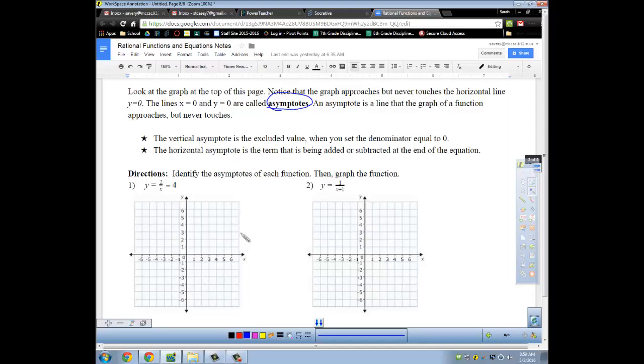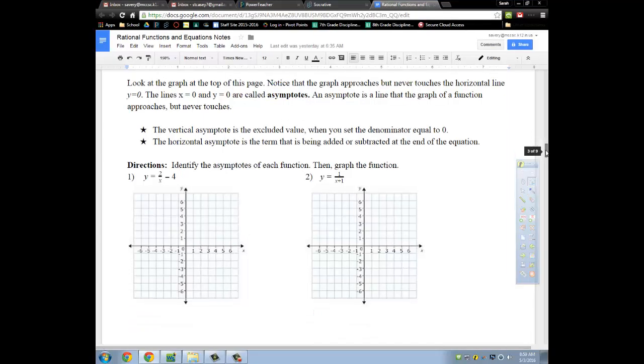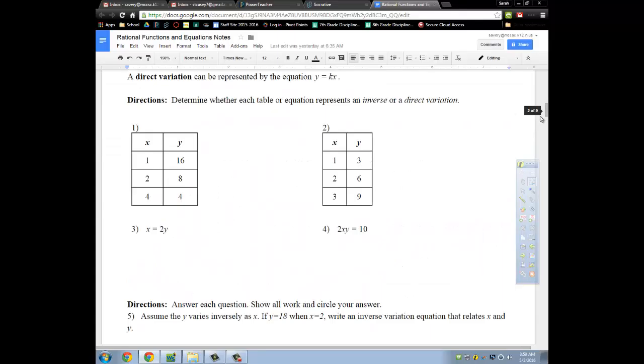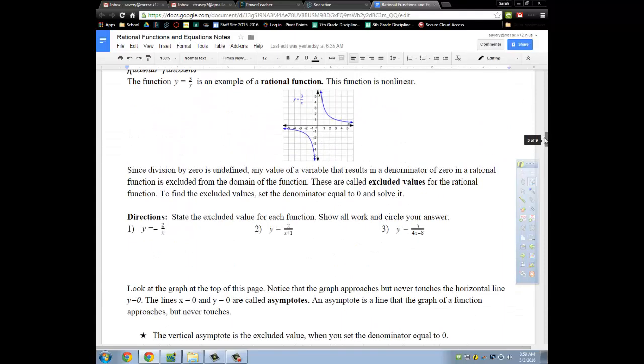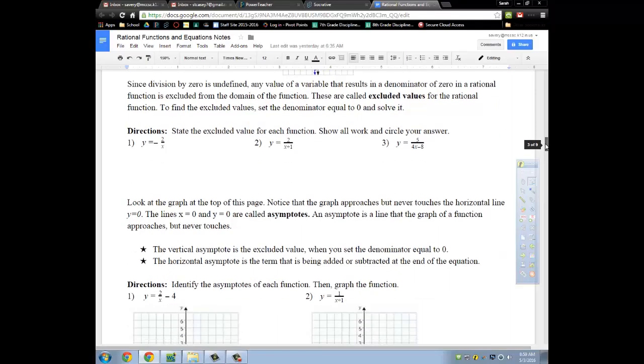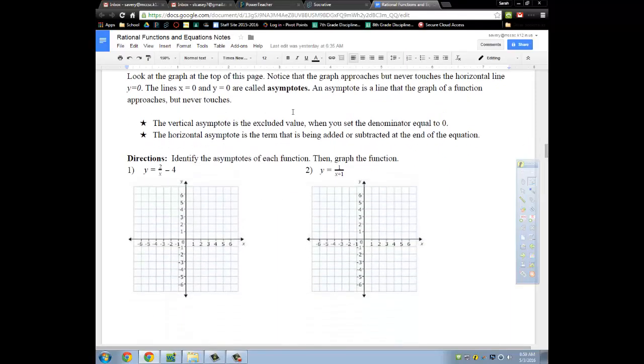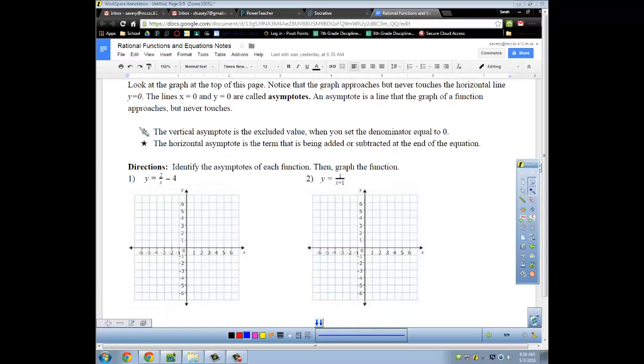So we have vertical asymptotes and horizontal asymptotes, because if you notice in this graph, it never touches this y-axis, so that's the vertical asymptote, and it never touches the x-axis, so that's the horizontal asymptote.